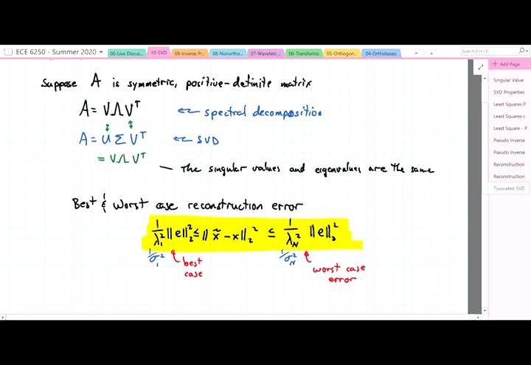So when we did singular value decomposition, however, we could also deal with a case where we did not have a positive definite matrix. In fact, if we had a positive semi-definite matrix where we had at least one eigenvalue equal to 0, then that would have been the smallest value.